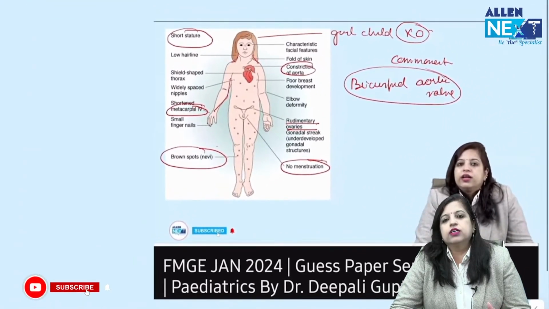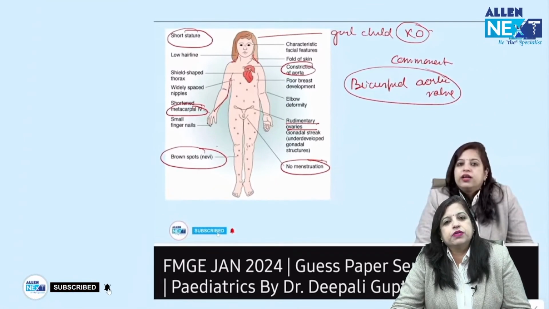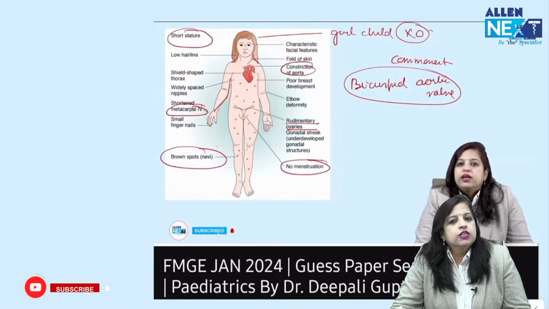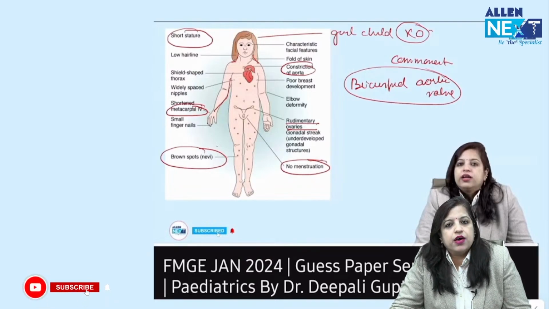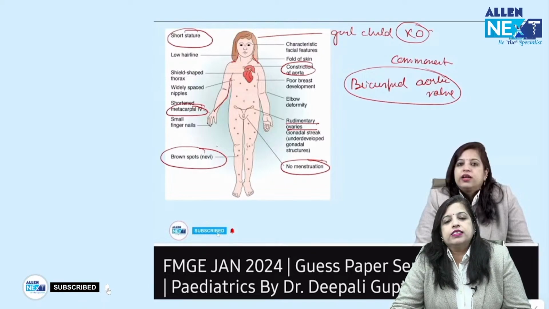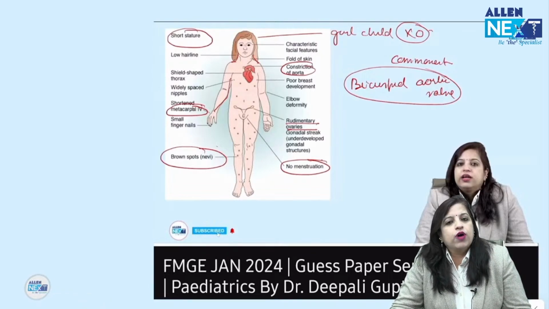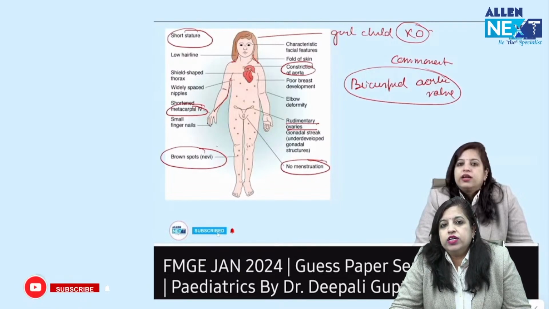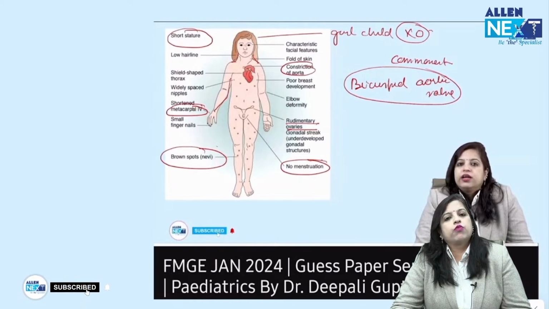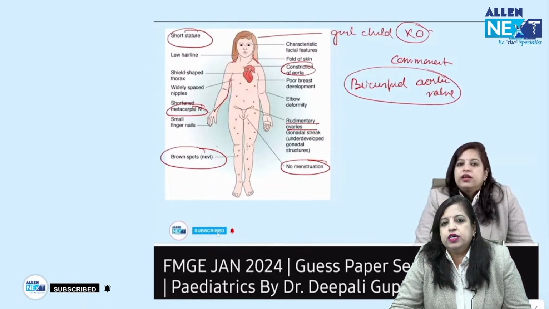This is the pick from our Guess the Paper series, where we had discussed that the child has a wide carrying angle and shield type chest, widely spaced nipples. Then of course low hairline is there, webbing of the neck is there. Then you have the nevi, all brown nevi all over the body, and of course you have the rudimentary or streak ovaries, and that is probably responsible for the delayed puberty and delayed or absent menarche.